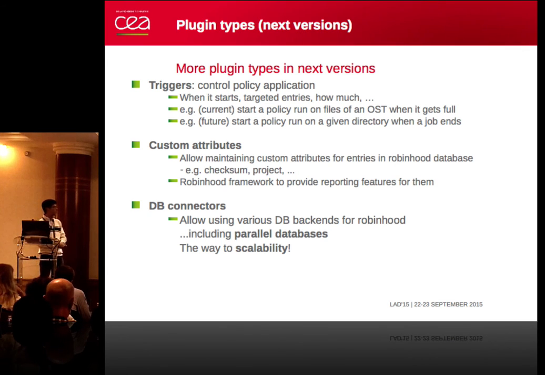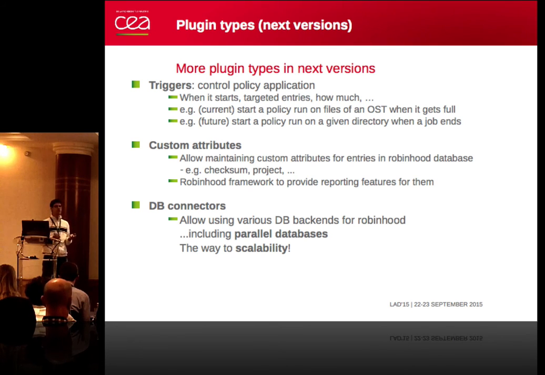Another thing to make configurable is attributes or policy criteria. There was an example on Monday where people want to drive purge policies depending on the phase of the moon or whatever.